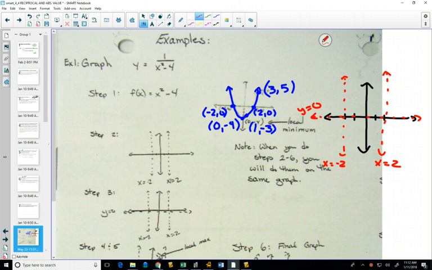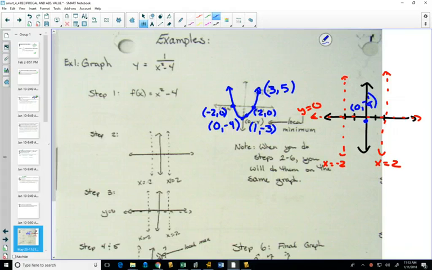So draw your original graph, and then steps 2 and 3, which if you like to remember things shorter, you can just think asymptotes. Draw your asymptotes next. After drawing your asymptotes, you can plot all the nice points that you have. So what's going to happen to 0, negative 4? 0, negative 1 over 4.